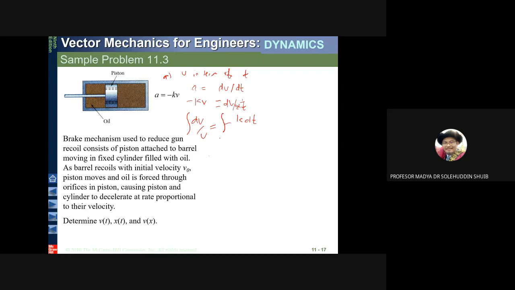Okay, we get natural log of V divided by V dot equal to minus Kt.